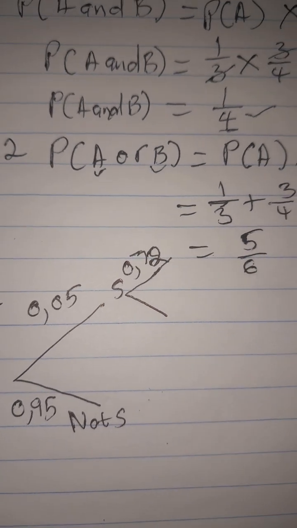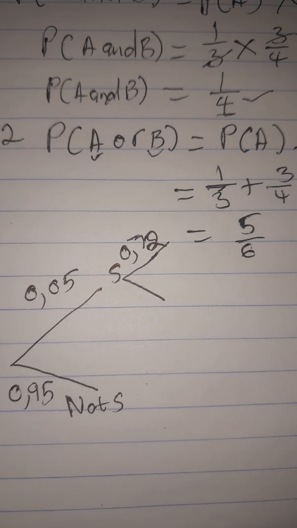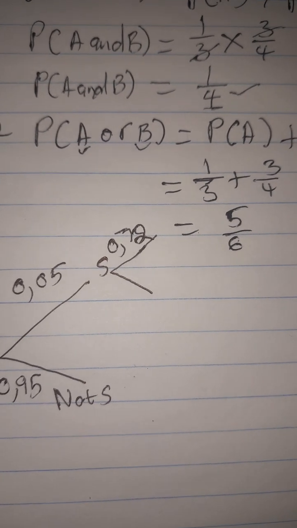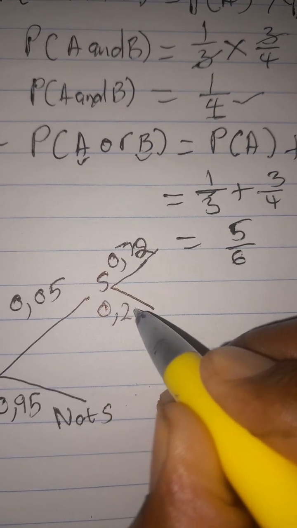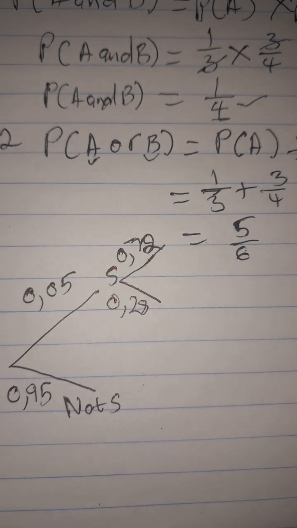Out of 100%, 100 minus 72, we are getting 28%. Convert to decimal, that will be 0.28 when it snows on the Drakensberg mountain.